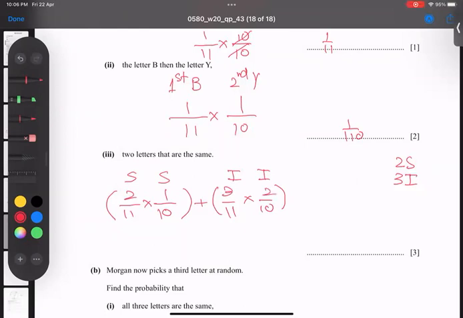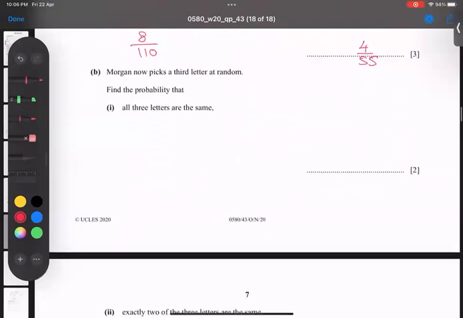And that's it. If we calculate, 2 times 1 is 2, and 3 times 2 is 6, 6 plus 2 is 8. So it becomes 8 divided by 110. If you calculate 8 divided by 110, it gives us 4 over 55. So this is done, alhamdulillah. Let's go for the B part and see how we can complete it.